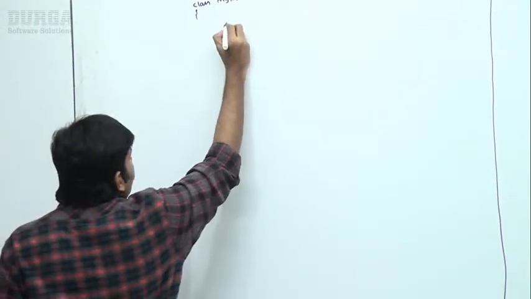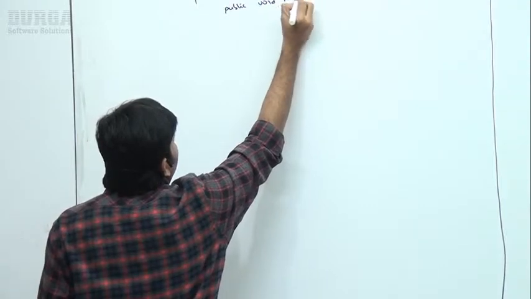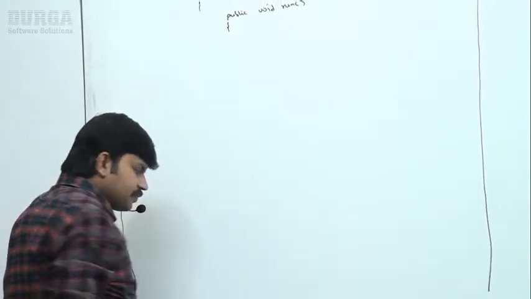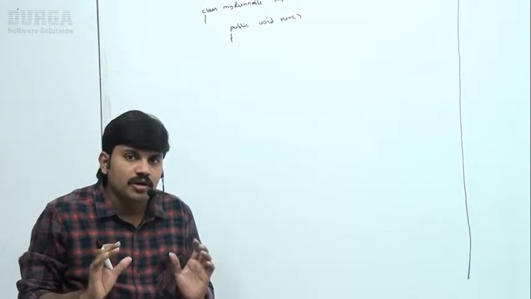Now, public void run method. Within the run method, we are required to write the job of a thread.